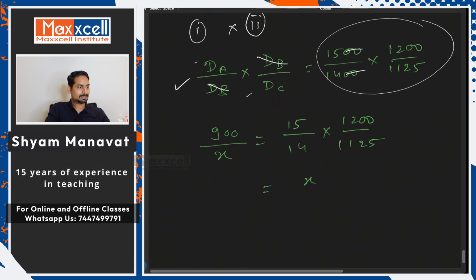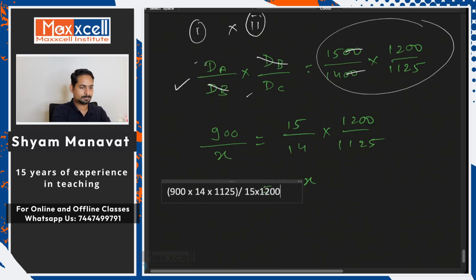So x is here, and then here we got what? 900. Multiply by 14, multiply by 1125, right? This will be the numerator, and divide by what will be the denominator? 15 into 1200, right?